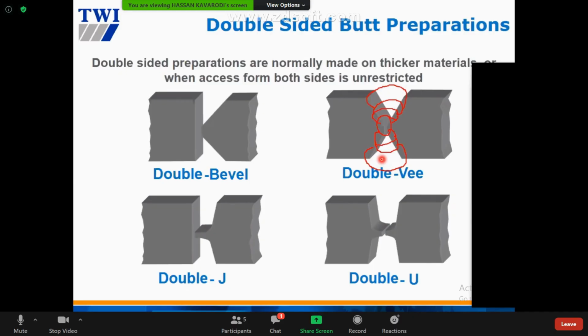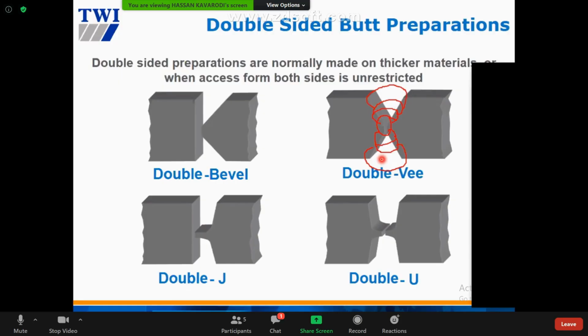And remember, because balanced welding can be done, there is no distortion. Double V produces less distortion compared to single V. Single V has more distortion because you weld only from one side.